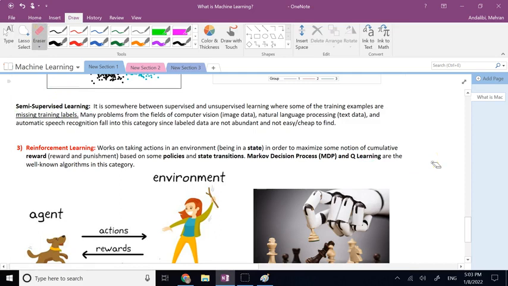Why? Because as I told you in the beginning of the video, creating these labeled outputs is expensive and time consuming. In many applications, including computer vision, natural language processing, text processing, and speech recognition, creating tons and tons of labeled outputs is not easy, not cheap, and not fast.